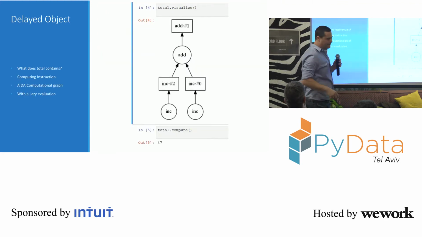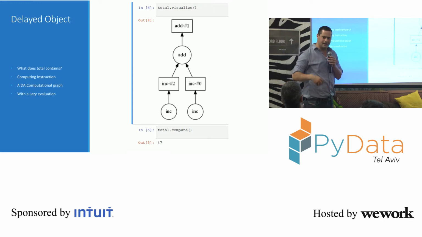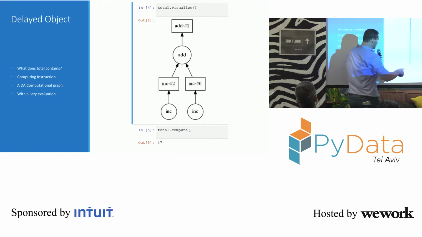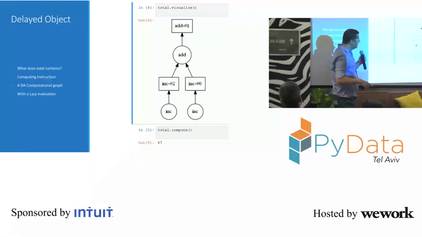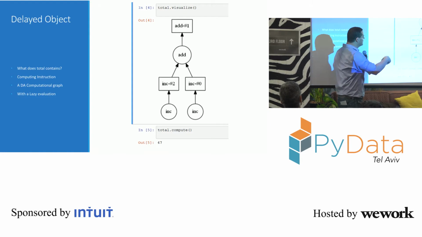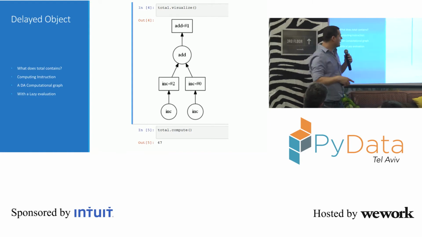But what happened behind the scenes is that Dask created a directed acyclic graph, a computational graph. It took the implementation of our increment function, fed it to the add function, and created a data graph. When you are using Dask, you can actually get this graph.